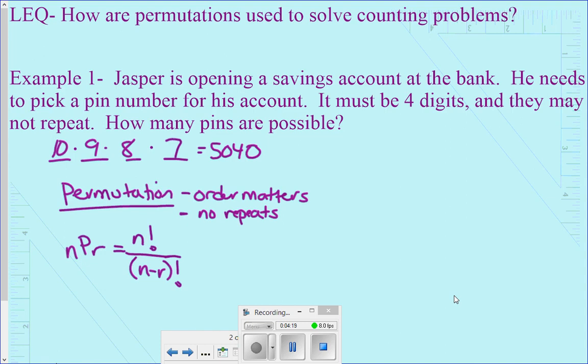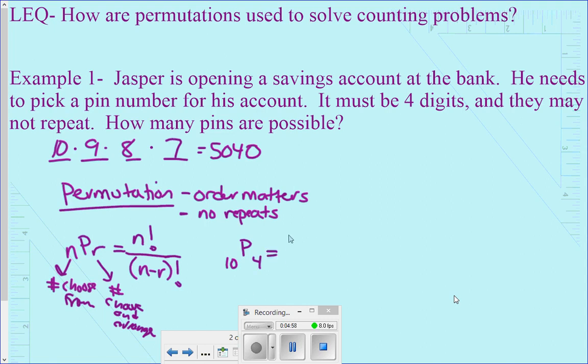So in this particular problem, well, actually in all problems, n represents the number you're choosing from, and the r represents the number you're choosing and arranging. So in this particular problem, we're choosing from 10, and we're choosing and putting in a specific order 4, because it's a 4-digit password.